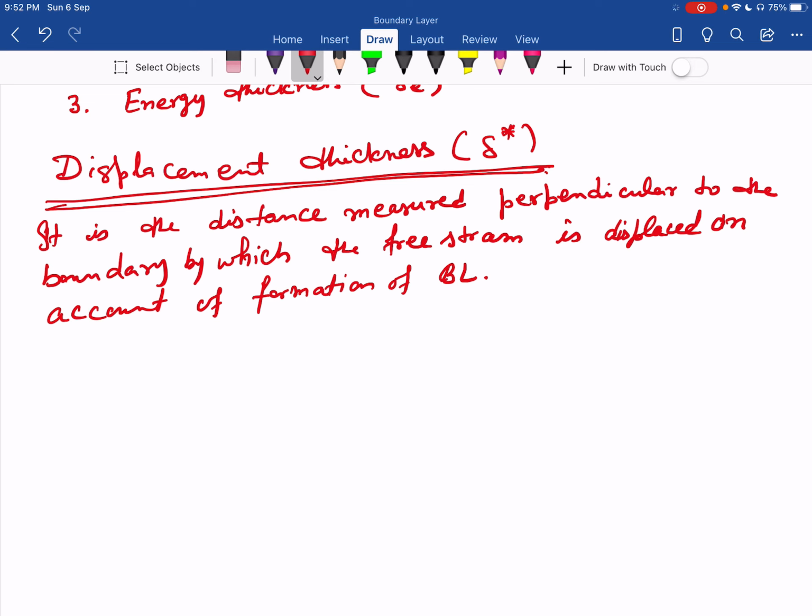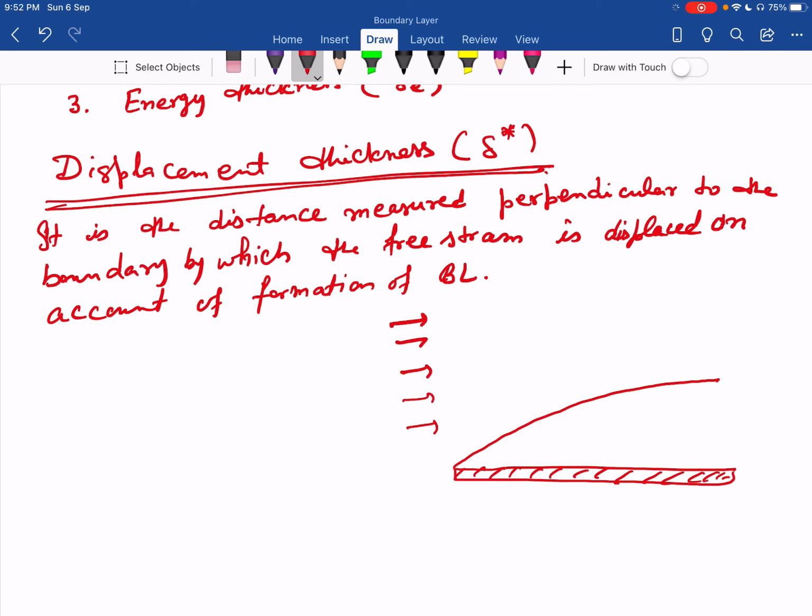Now let us say we have this plate. This plate is a stationary plate, so on this plate there is a formation of boundary layer, and there is a flow with velocity capital U. Now I consider this part here.